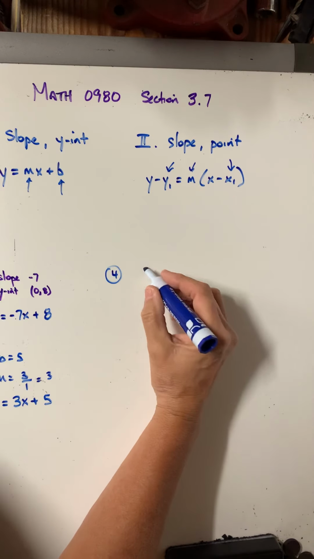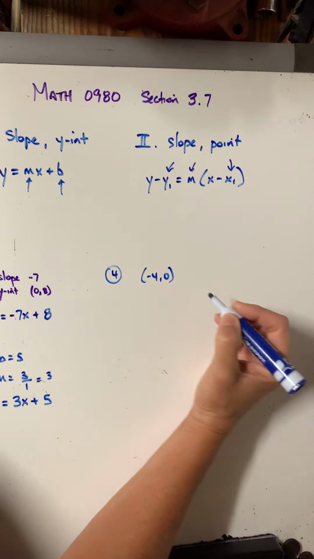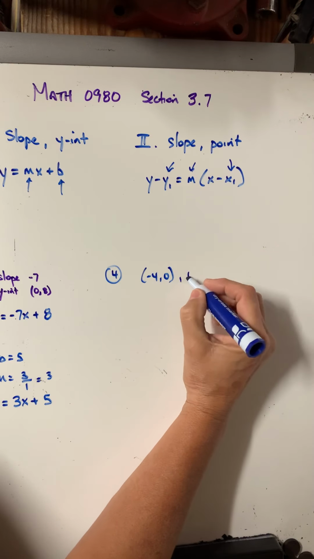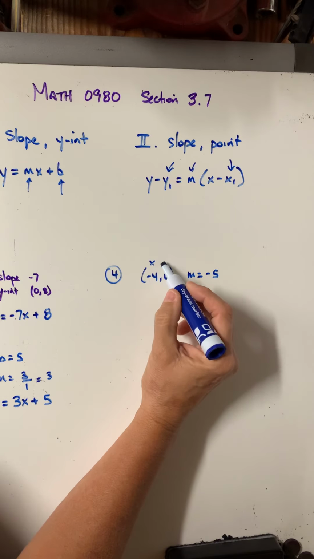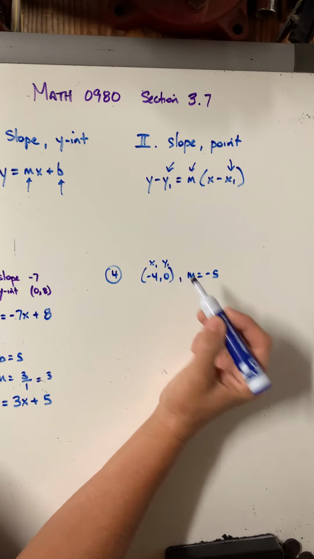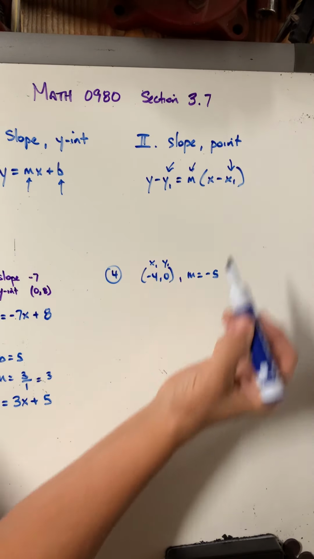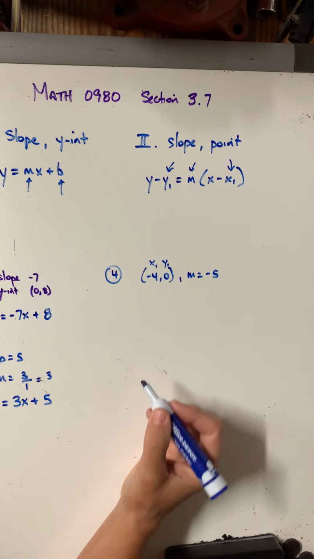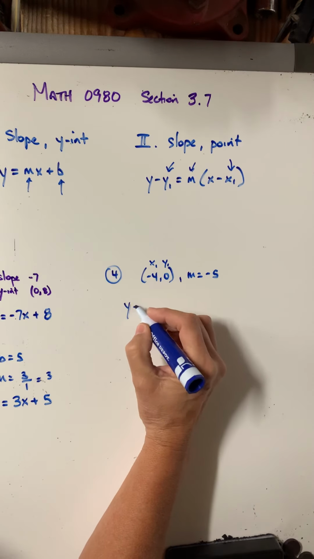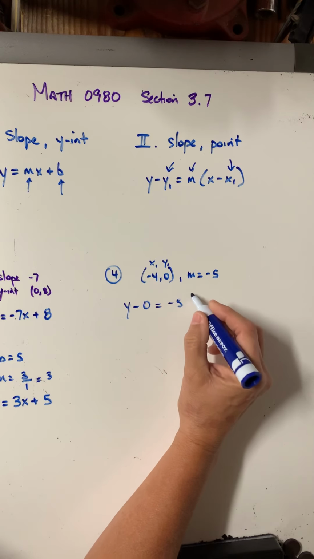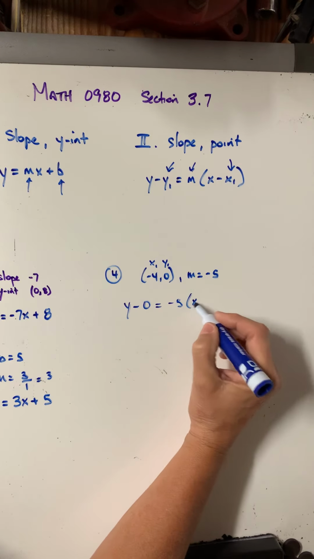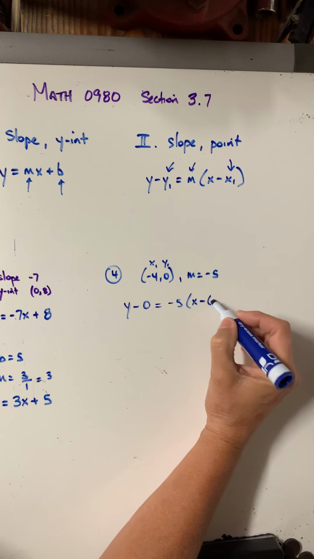4 is negative 4 comma 0 is my point, and my slope is negative 5. So I'm going to label this point x1, y1, because that's the one that gets put into the equation. So I'm going to go y minus 0 equals negative 5 parentheses x minus negative 4.